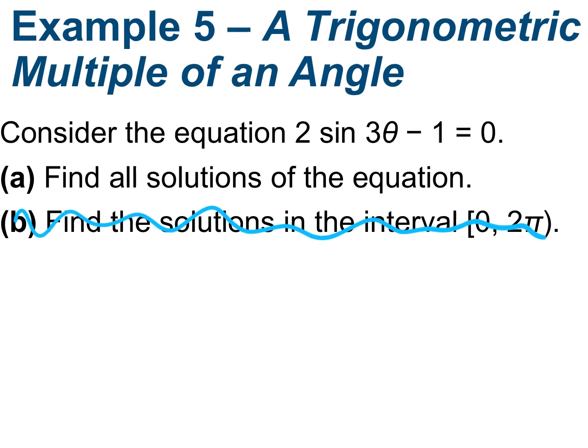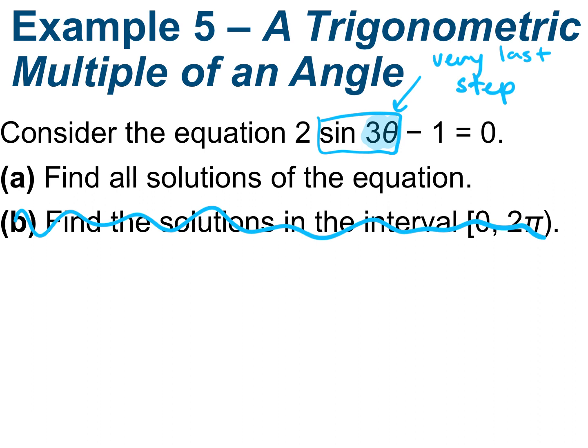Now, this is a little bit different because we have that 3 times theta. So instead of it just being theta, it's going to have something either multiplied or divided to theta. We save that for the very end. So this is the very last step. So we want to do the same thing we were doing before.